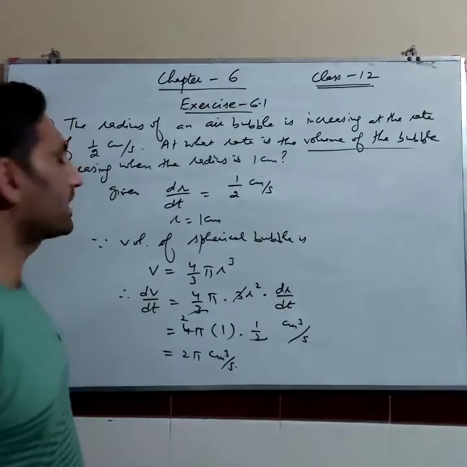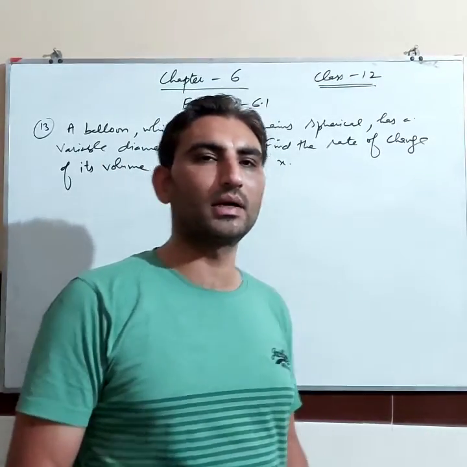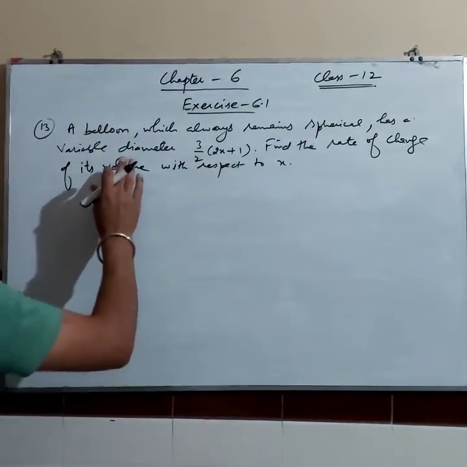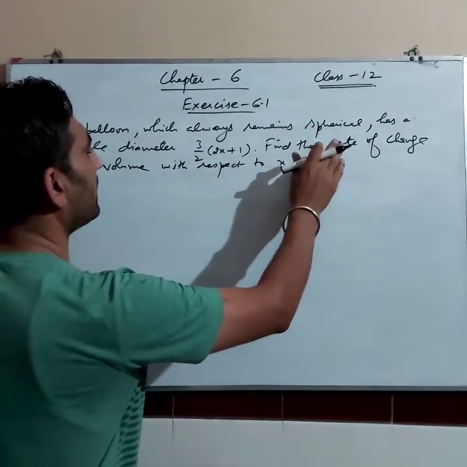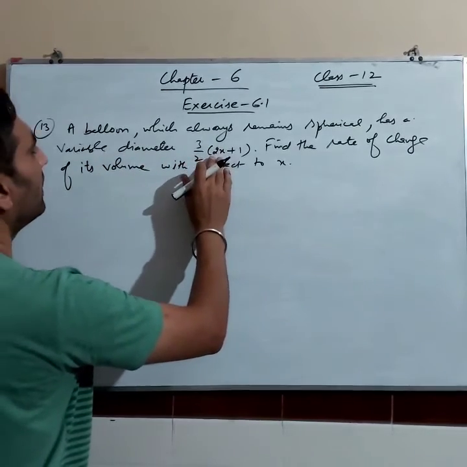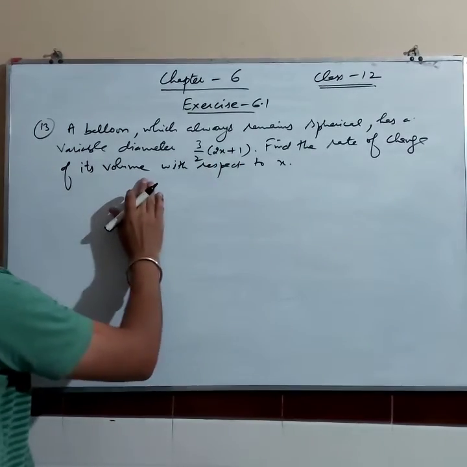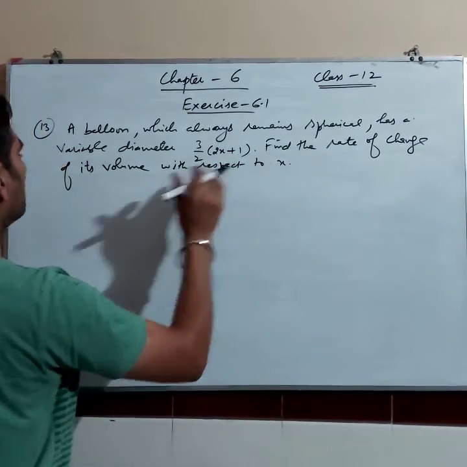See what is given next in question number 13. The statement of question number 13 is: a balloon which always remains spherical has a variable diameter 3 over 2 into 2x plus 1. Find the rate of change of its volume with respect to x. Let's start.